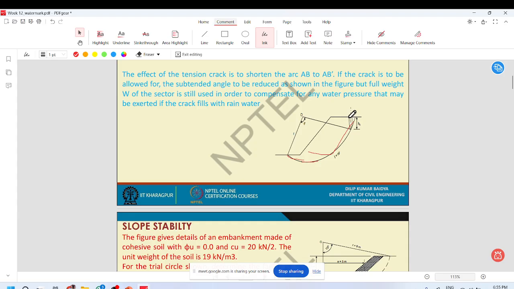Sometimes, especially when the cohesion is high, cohesive soils tend to fail in a way that gives a more vertical failure surface here.